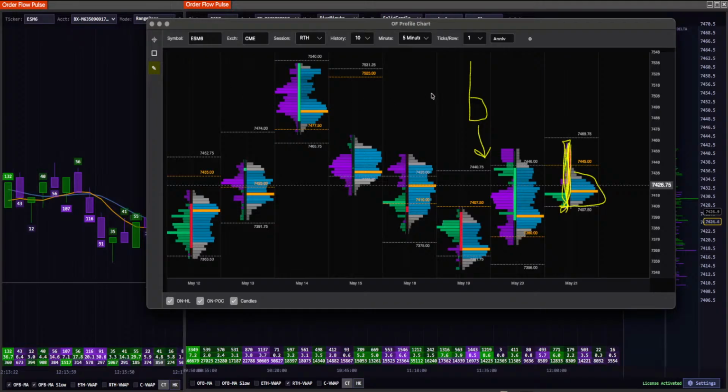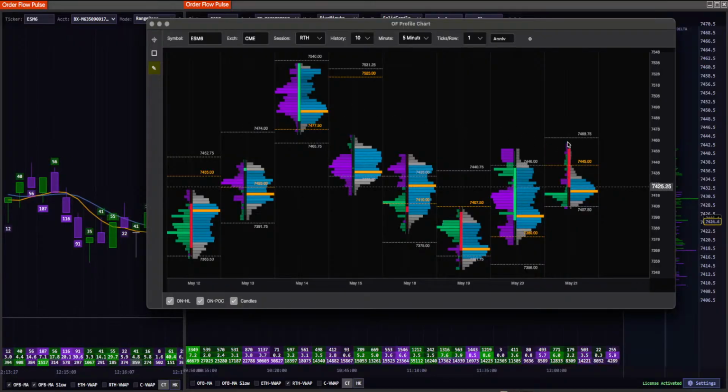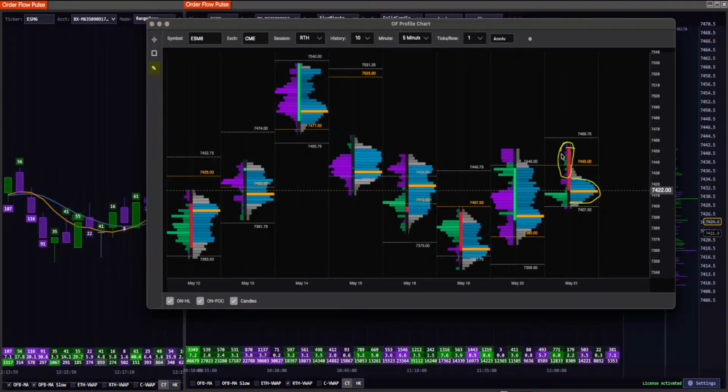And the reason that is, because you had all the volume down in this area. Distribution of volume is all down in here, okay? We opened up here, but look at this, light delta, light volume right up in here. This is why it's a B shape.